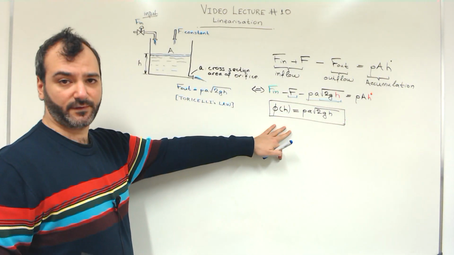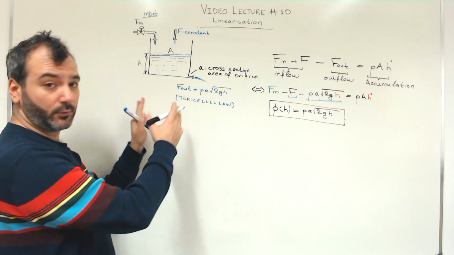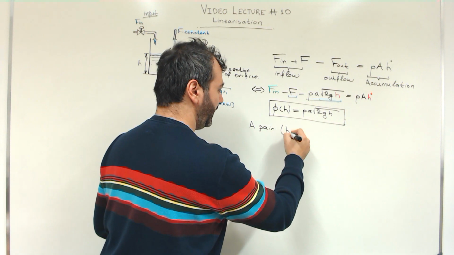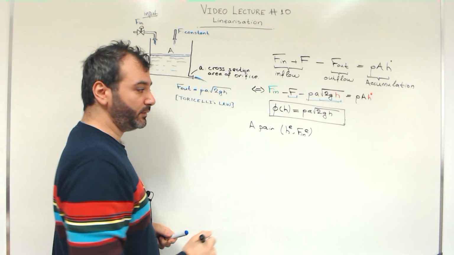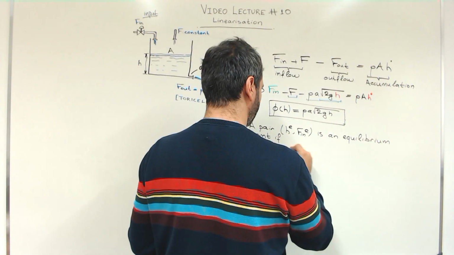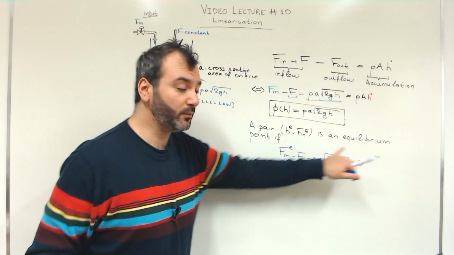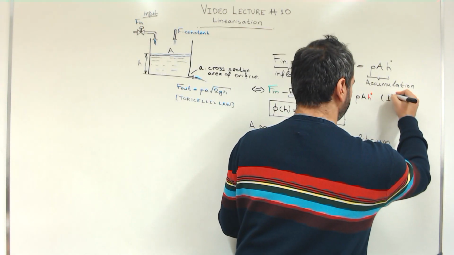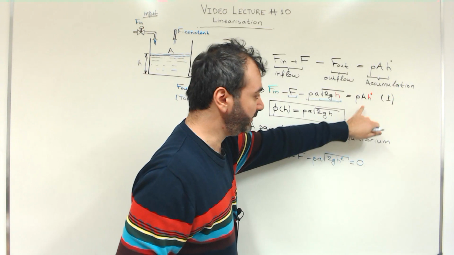So let us linearize this function. The question is where. It only makes sense to linearize dynamical systems at equilibrium points. So a pair, h equilibrium and f in equilibrium, this is the state, this is the input, is an equilibrium point of this dynamical system, equation number 1, if the derivative here vanishes, if this is equal to 0.